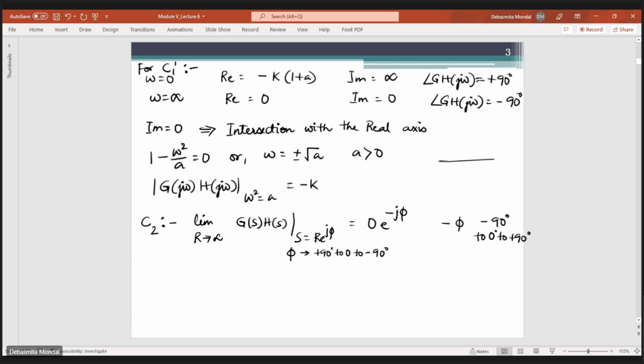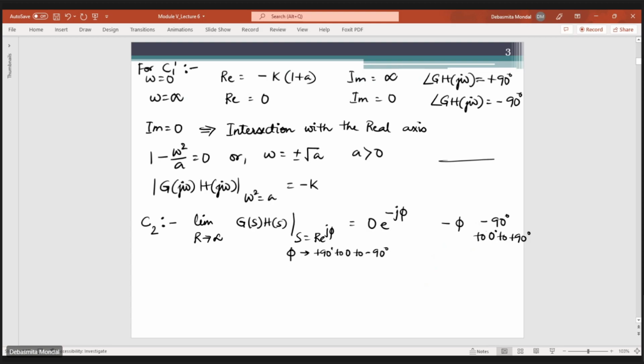And the value of p is given as 0. So that means the value of z will be equal to plus 1, and it implies that the system is an unstable one. But if the value of k is less than half, what is happening? It will move towards this side, and this minus 1 plus j0 will not be enclosed. So this point will lie somewhere over here, right?